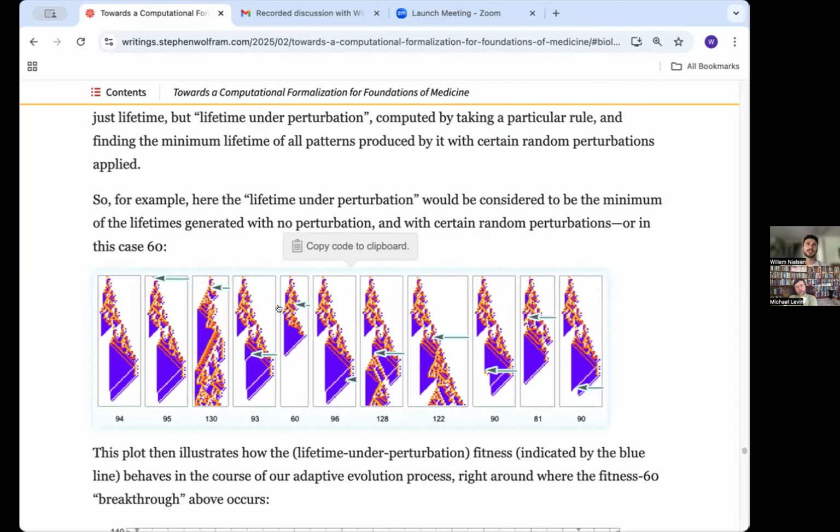So if any one of these goes to infinity, which we sometimes call cancer, then the fitness of the whole organism is zero. So it has to get really good at not going to infinity, and also at keeping its length despite a single point perturbation.